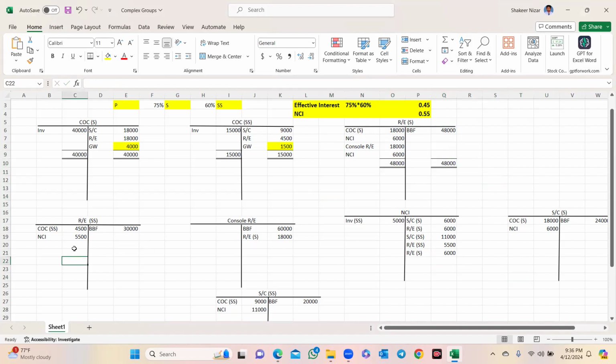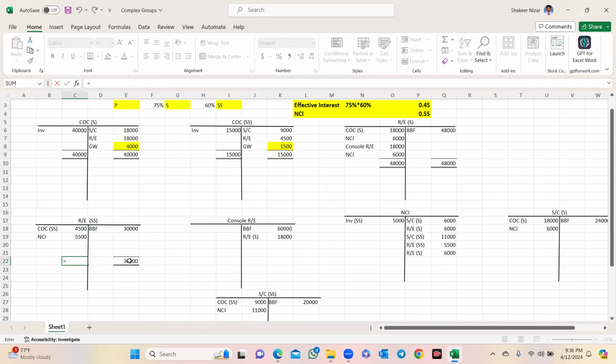Retained earnings of SS, 30,000. Out of this 30,000, 10,000 has already gone out as pre-acquisition. It means 20,000 is remaining. Out of that, we want only 45%.